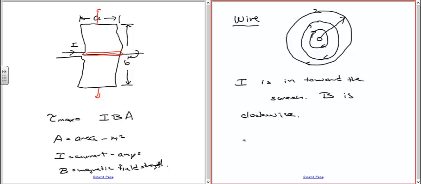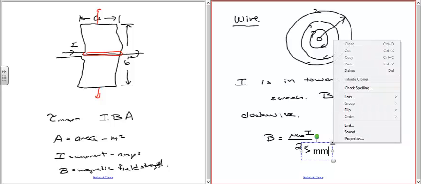And the equation, if I remember correctly, is the magnetic field strength at any point in space is equal to mu0, which is the constant associated with magnetism, times the current divided by 2 and the radius. I'm going to just double check that. I don't think there's a pi involved.